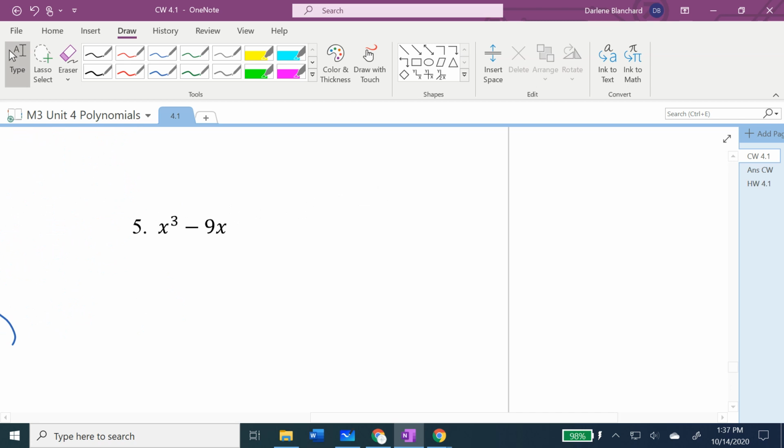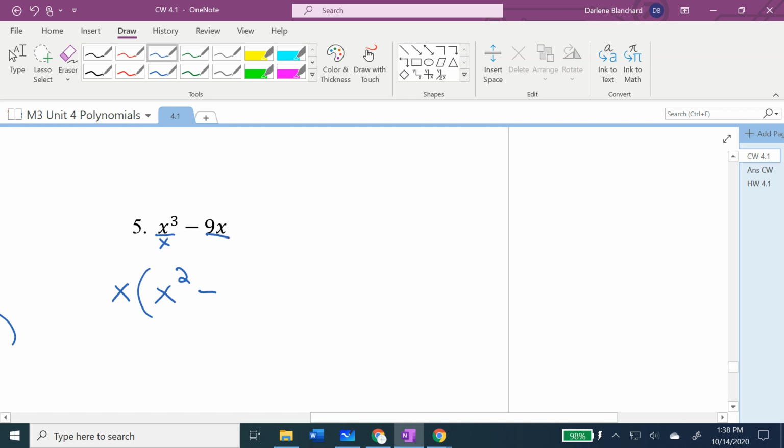Number 5. What can I divide both terms by? I can divide both terms by x. If I divide x cubed by x, I will have x squared.